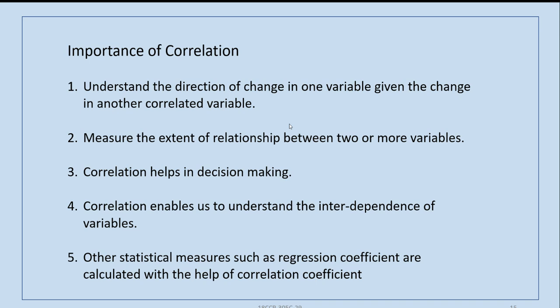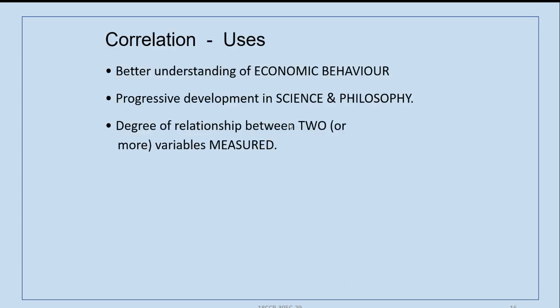And of course, as I said, correlation is also useful in measuring other statistical measures, that is regression coefficient, which we will see in the next unit. And the correlation is also useful in many statistical analysis concepts. We will see some more uses.